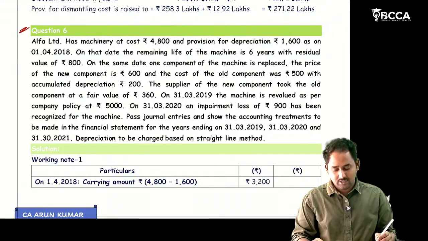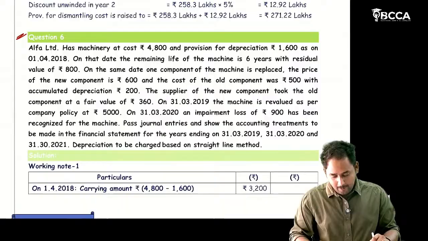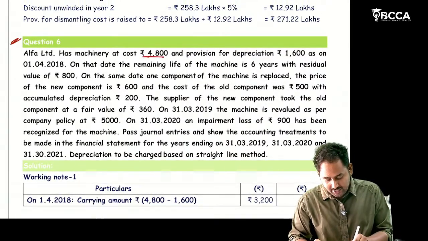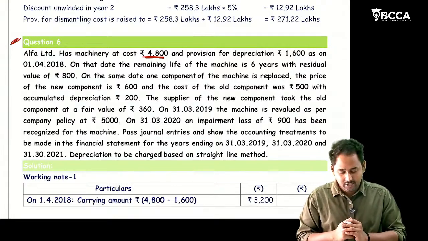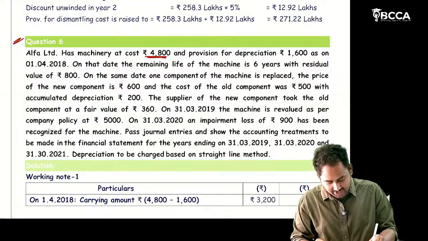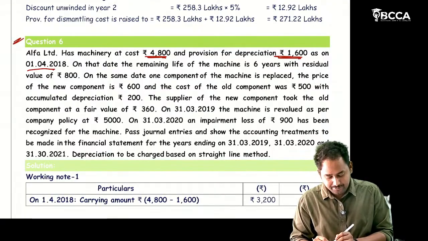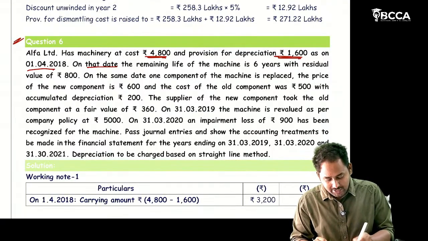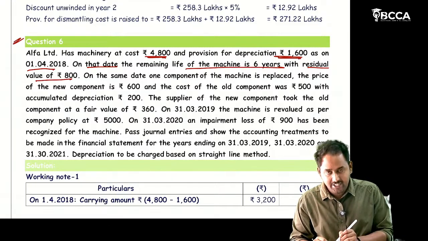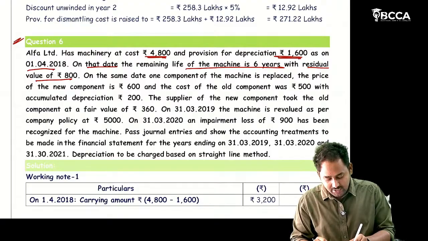Question number 6. Alpha Limited has a machinery at a cost of 4,800 and the provision for depreciation is 1,600 as on 1/4/18. On that date, the remaining life of the machine is 6 years with a residual value of 800 rupees. On the same date, one component of the machine is replaced.